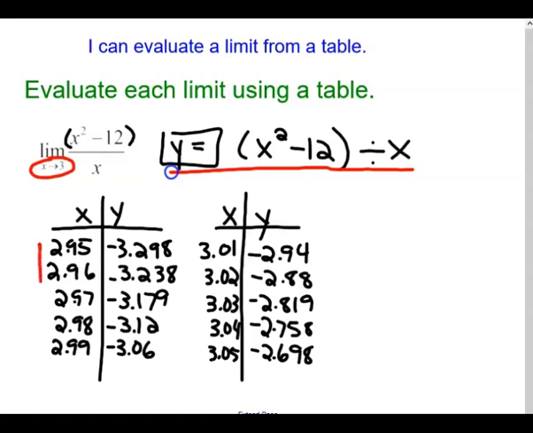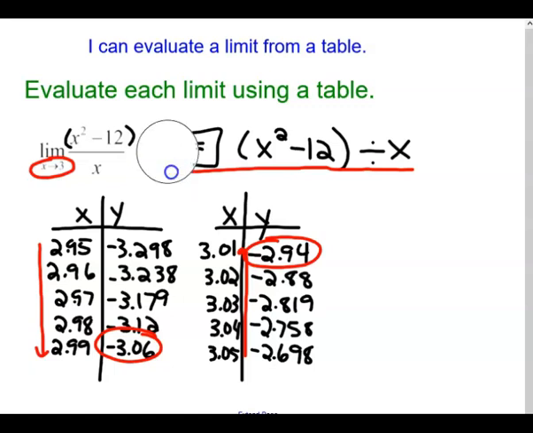Well, you can see, I went a little bit below 3. I started at 2.95. Seems to be getting closer and closer to -3. If I go from the other direction, this also seems to be getting closer and closer to -3. So it's coming from below -3 and above -3. So I guess we can go back here and we can say this is equal to -3.